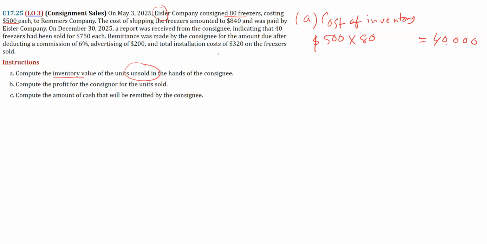Then you have to add the freight cost. Since all those freezers were sent and you paid the freight cost, which is $840, I'm going to add this $840 to get the actual cost of the whole bulk of 80 freezers, the inventory. So the total cost will be 40,840.